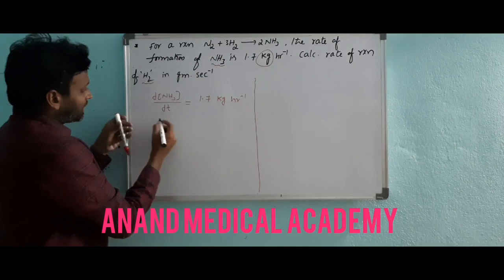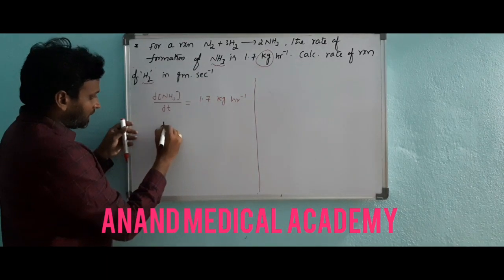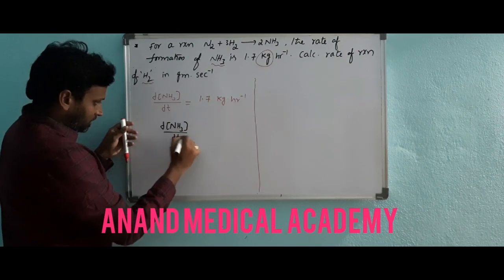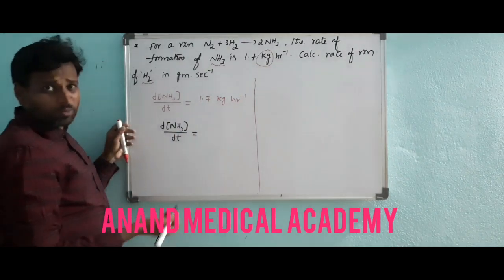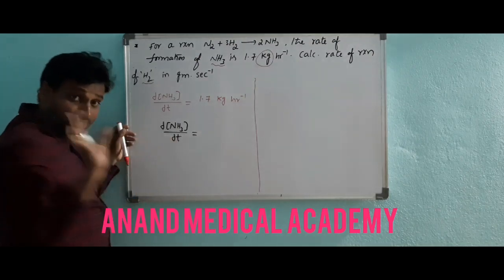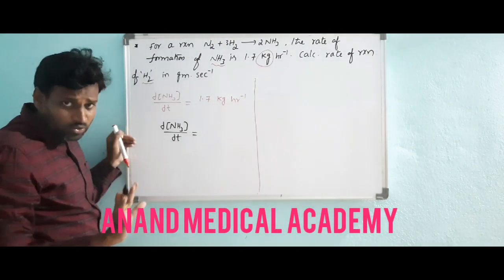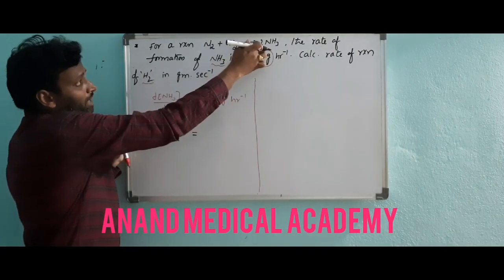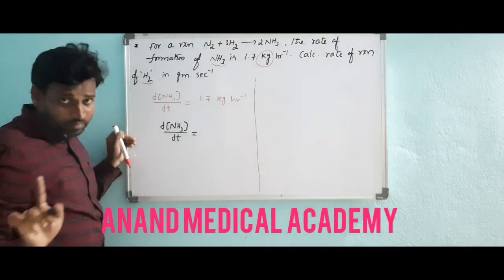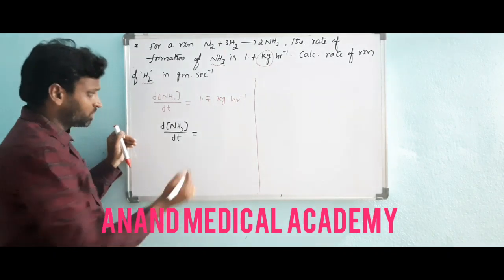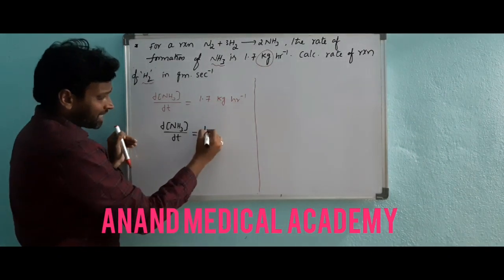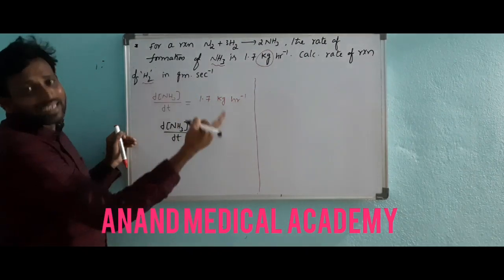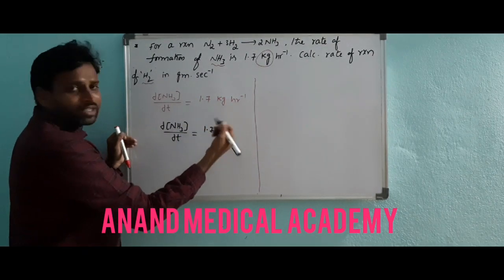Right. So let's see now. What is the d concentration of NH3 by dt? Because rate with respect to ammonia means this term only you have to consider. Don't get confused. When the rate of reaction of the other is asked, you have to compare both with the moles. It is very clear. So here 1.7 kilogram, but it is asked in what? Grams. So convert that into grams.